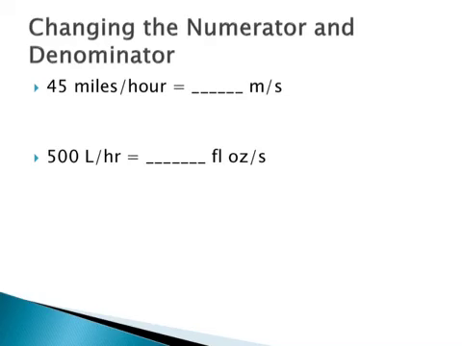So miles, length, we are going to change to a different unit of length of a meter. An hour, a measurement of time, we are changing to a different measurement of time known as seconds. So notice we are converting each within the same dimension. So we're not going from, let's say, a length to time, because that would make no sense at all.